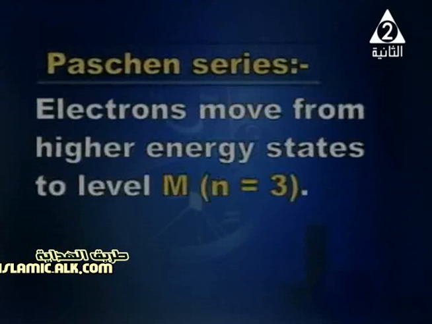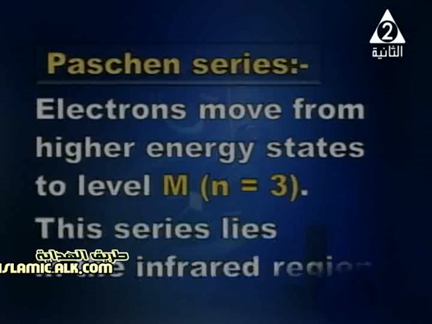And what about Paschen? To produce this series, electrons should move from higher energy levels to level M, where n is equal to 3, and it lies in the infrared region.